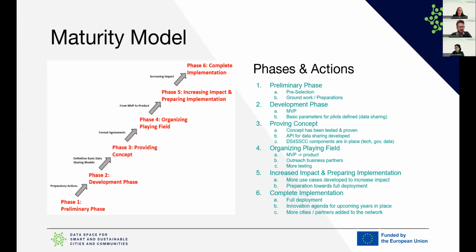Every phase describes a set of actions and a set of KPIs that the use case needs to reach in order to position itself within the phase, and then it suggests the actions that you need to take in order to get to the next one.